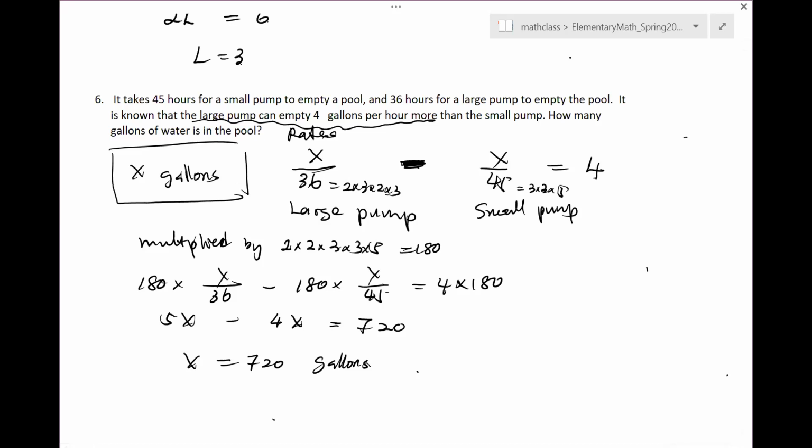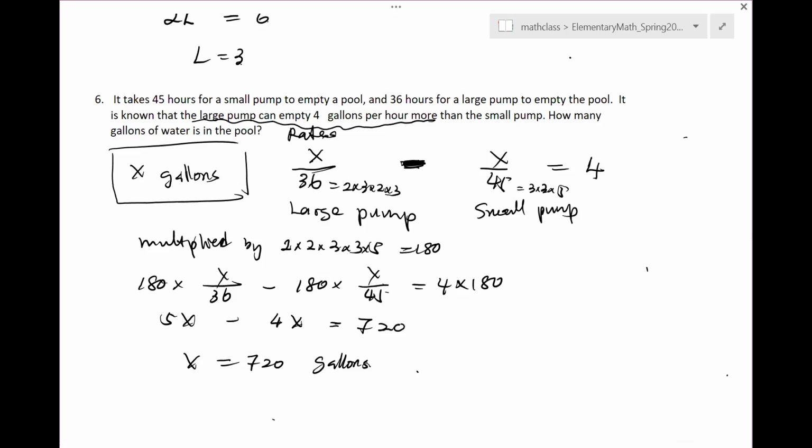Now, can you solve the problem in a slightly different way? You can think about how many gallons of water are left in the swimming pool.